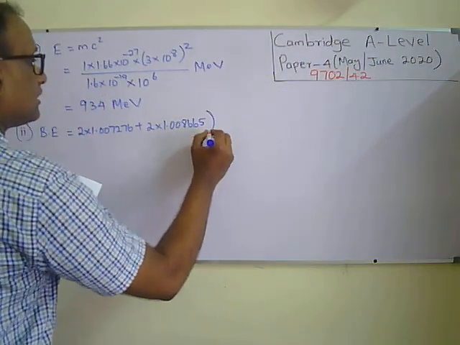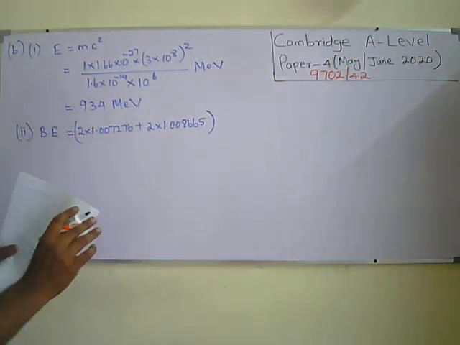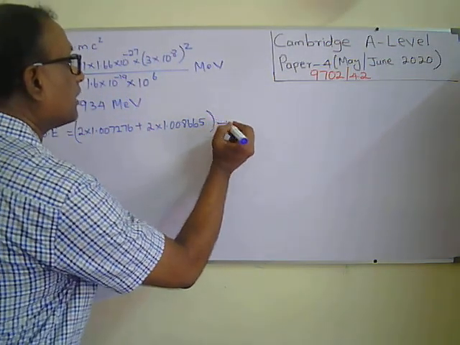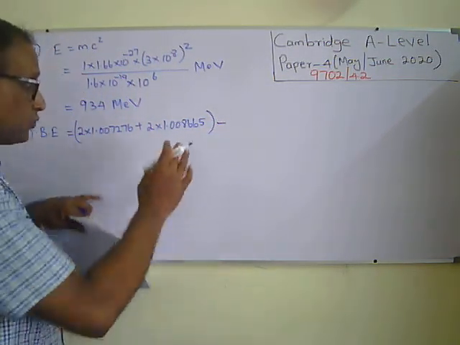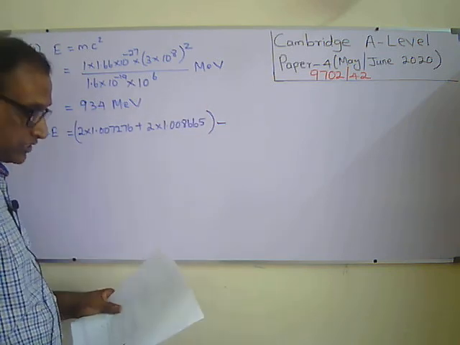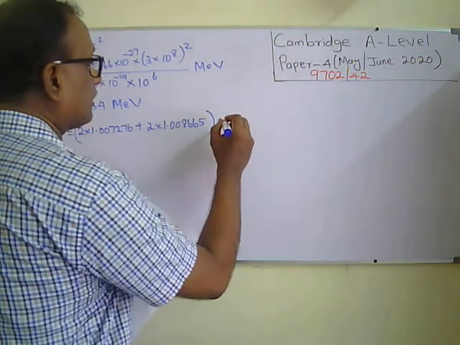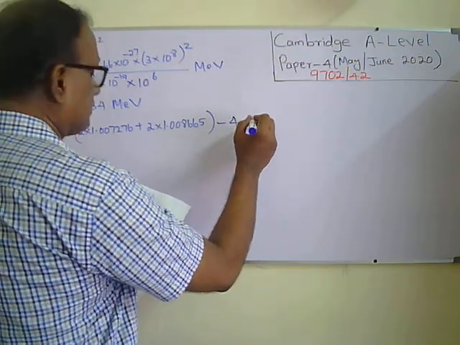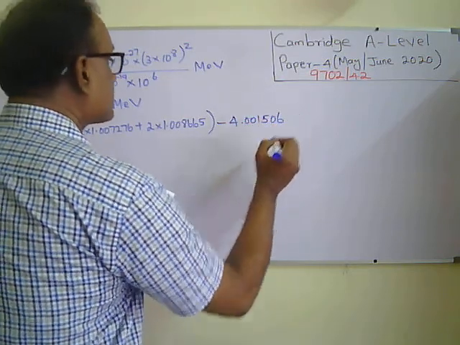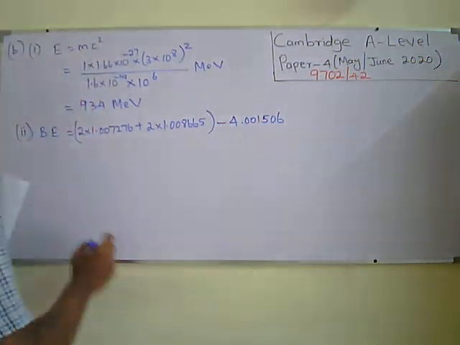minus the mass of the nucleus, because when they pack together their mass decreases. That is given as 4.001506. These are all in unified atomic mass units.